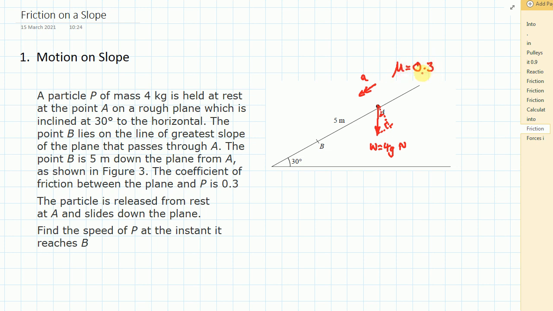And we need to think about how the friction is going to act. If the particle is released from rest, friction is trying to act against the force, so it's going to act up the slope. Friction is mu R. Because we get motion, this becomes F equals mu R. And we need to find the speed, so our first point is that we've got to actually find the acceleration.